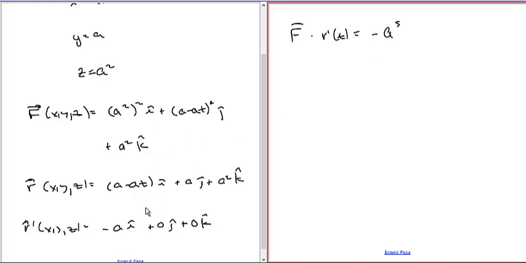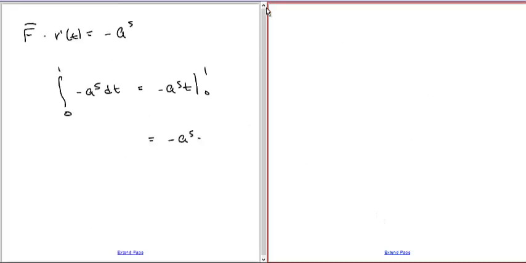And since it's a dot product, the vectors don't turn out. And so the integral is from t equals 0 to t equals 1 of negative a to the 5th dt. So you get negative a to the 5th t, evaluated between 0 and 1, so you get negative a to the 5th. So that's the result of the third line integral.